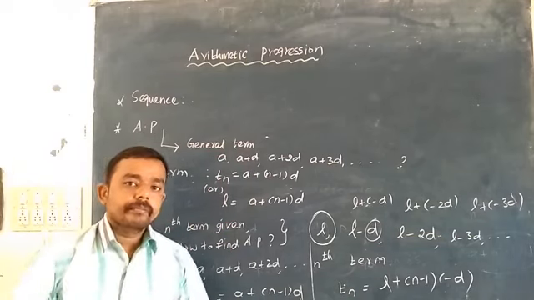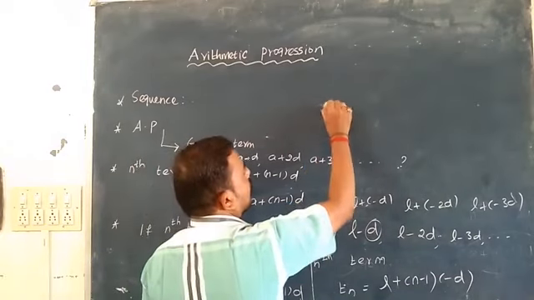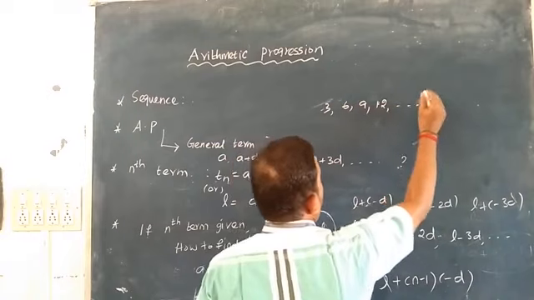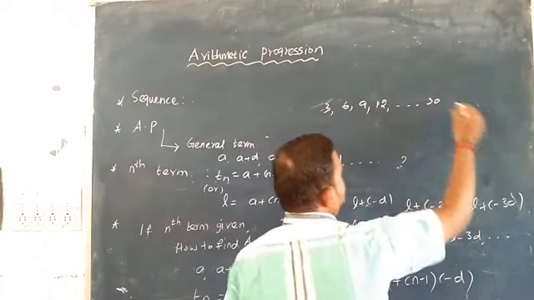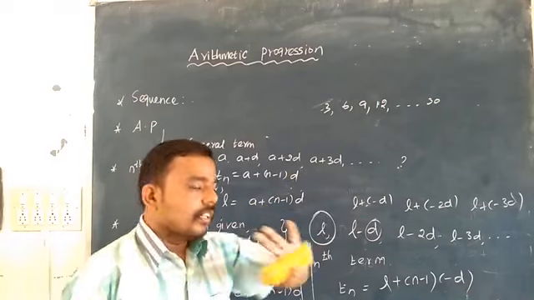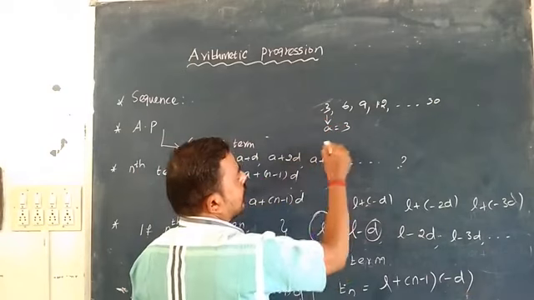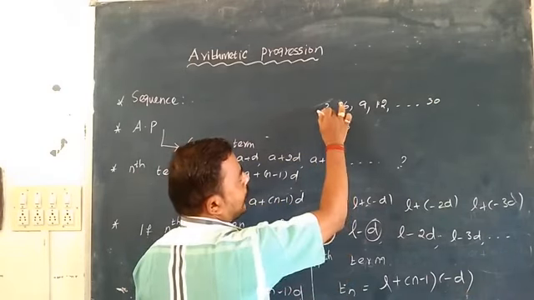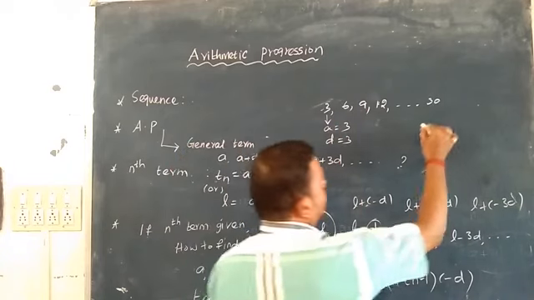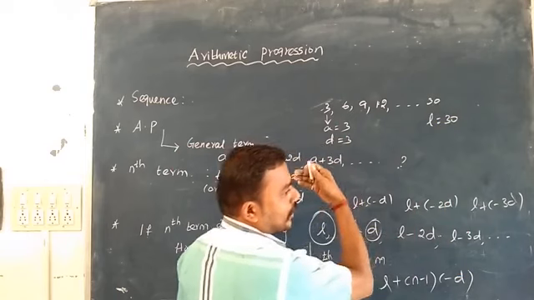The same AP is not going to change, that is 3, 6, 9, 12 and so on, here 30. The AP is not going to change. Here you have a equal to 3 and d equal to 6 minus 3, 9 minus 6, so d is also 3. Here l equal to 30, but the difference is decreasing now.